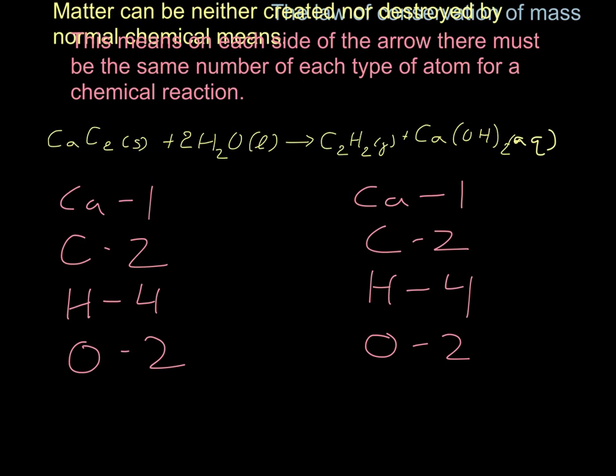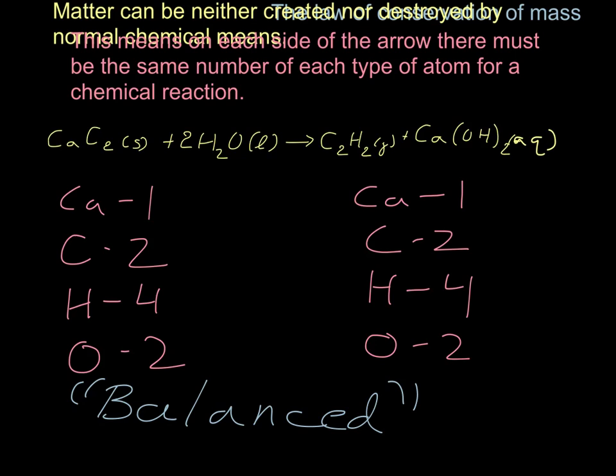So when we write a chemical equation, the chemical equation must be balanced. And by the term balanced, I mean it obeys the law of conservation of mass. The problem you're going to have here in a second is that chemical equations aren't always written in balanced form.